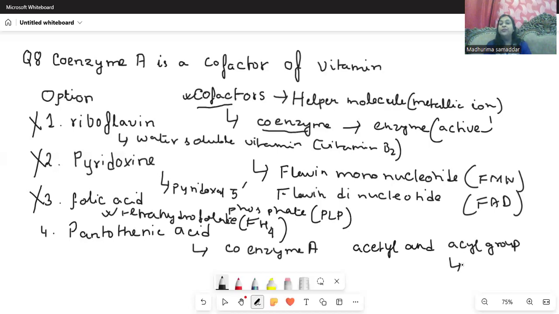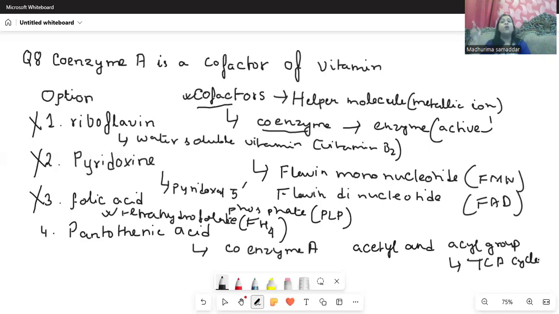If you remember a very important pathway, the TCA cycle. Normally in glycolysis from glucose, we get pyruvic acid as the end product, isn't it? That happens in the cytoplasm. But this pyruvic acid cannot go directly into the TCA cycle.